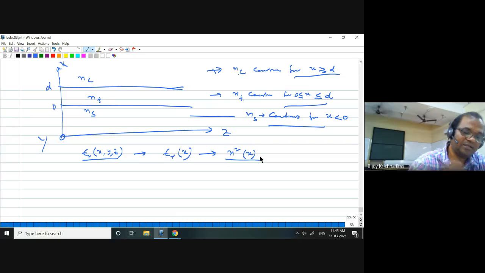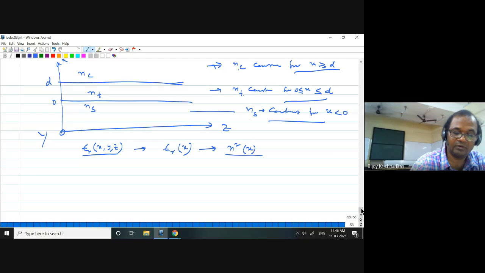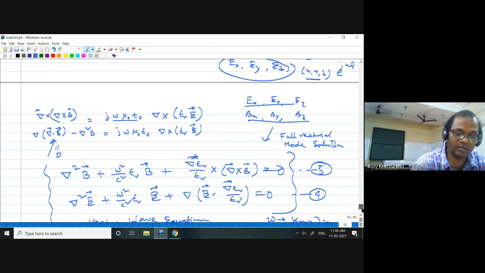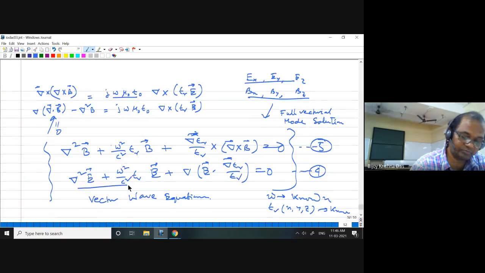And if I consider only the core region, so let me try. Go back there. Suppose I start with the electric field equation 4.